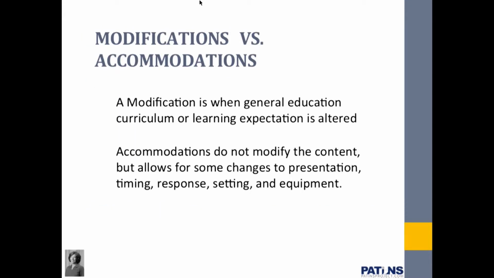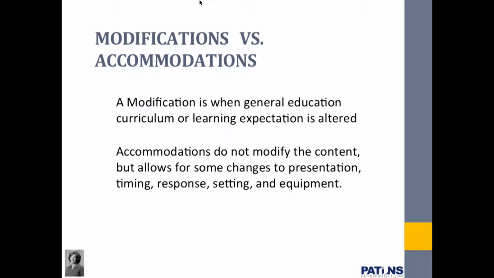Modifications versus accommodations. Sometimes there's confusion about that. So to clarify, a modification is when general education, curriculum, or learning expectation is altered. If a student is taught something different or at a different level of complexity, reduced number of answers, or a lower level reading book, then the curriculum has been modified.